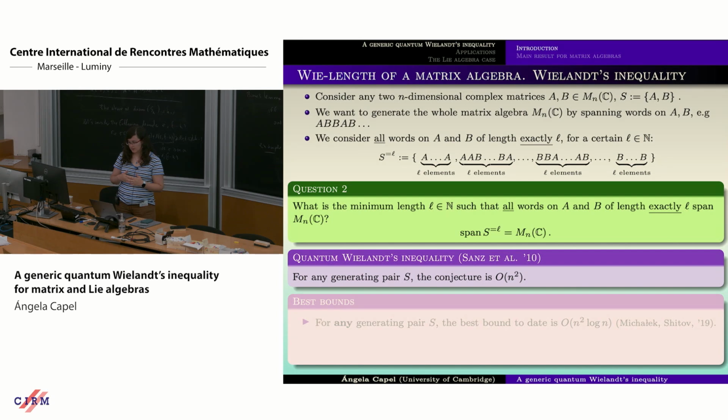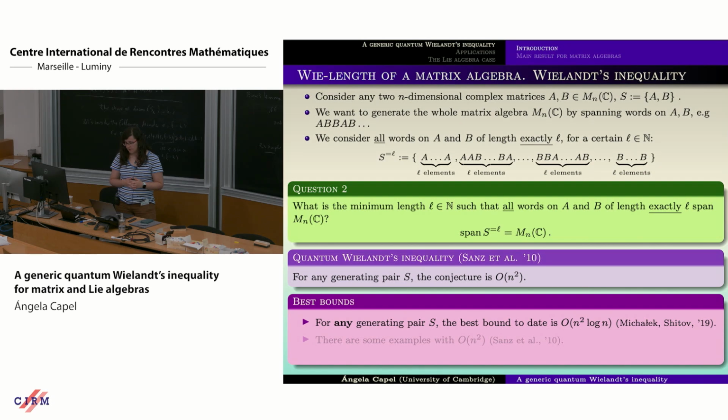So in principle, L should be taken of order n squared so that you can stop. And you know that now all the words on A and B of length order n squared are generating the whole matrix algebra.